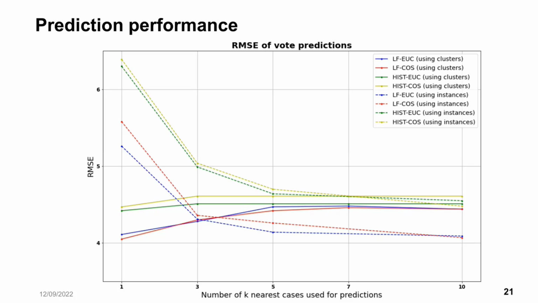In the graph, colors indicate different similarity IDs. The solid lines represent performance of the new prototype case base, and the dashed lines, the original case base. As the number of k grows along the x-axis, we see that there is no relevant difference between them, meaning that they both share similar capabilities when generating predictions.